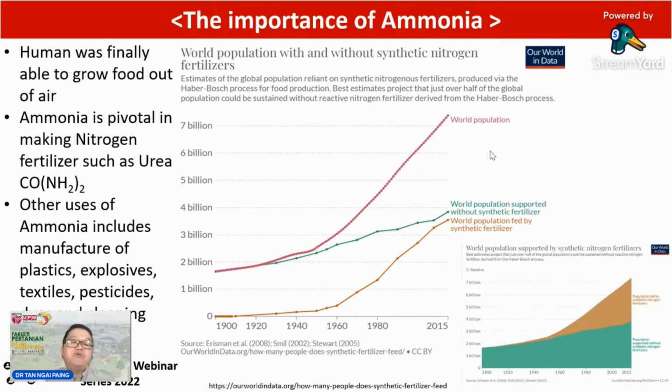Because a simple formula, everyone can write a formula, but how are you going to do it? That is the challenge in chemistry: how are you going to break the bond and rearrange and reconfigure? It's very important. So it was a magic formula. Humans were finally able to grow food out of air. The nitrogen fertilizer that we use actually comes from the air.